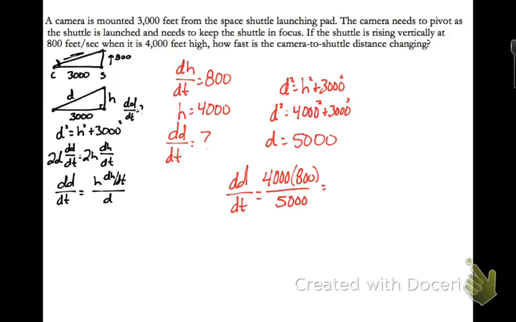When we simplify this out, we end up with 640, and this will be feet per second. So the shuttle at this particular instant in time is getting further away from the camera at a rate of 640 feet per second.